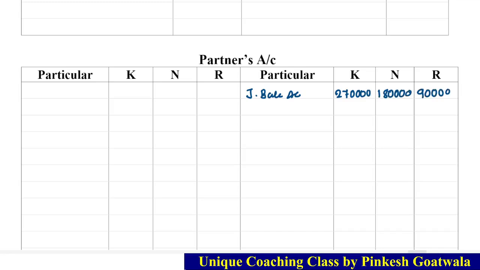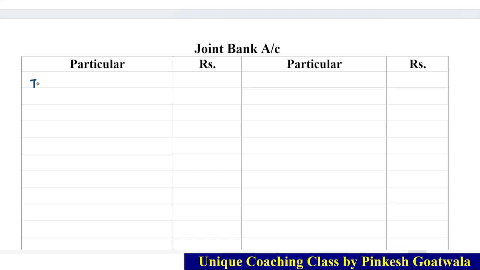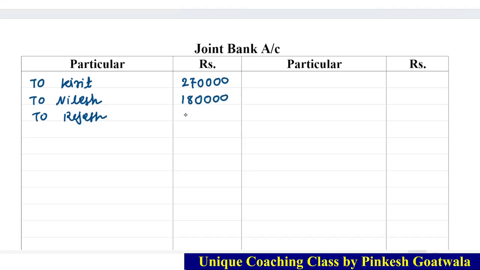And the second effect: joint bank account debit side to the names Kirit, then Nilesh, then Rajesh. Amount 270, 180 and 90.